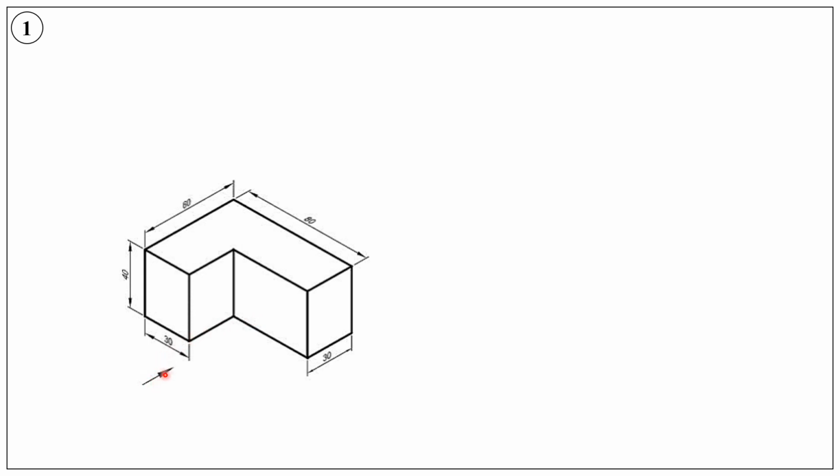In that position, the left hand side for the observer is this. So this is the left hand side. Therefore, to draw the left hand side view, the observer needs to look in this direction.